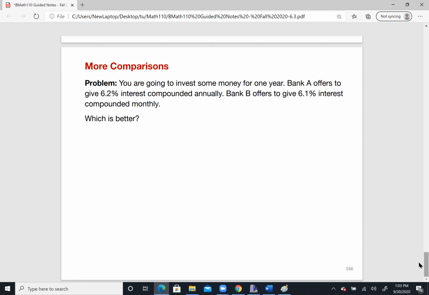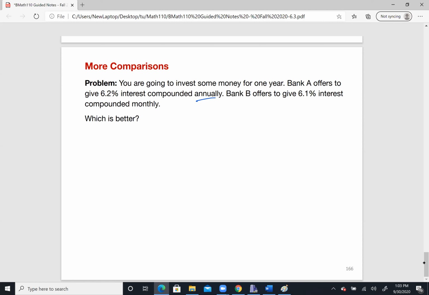You are going to invest some money for 1 year. Bank A offers to give 6.2% interest compound annually. Okay, again, it's compound annually. And bank B offers to give 6.1% interest compound monthly. So which is better?